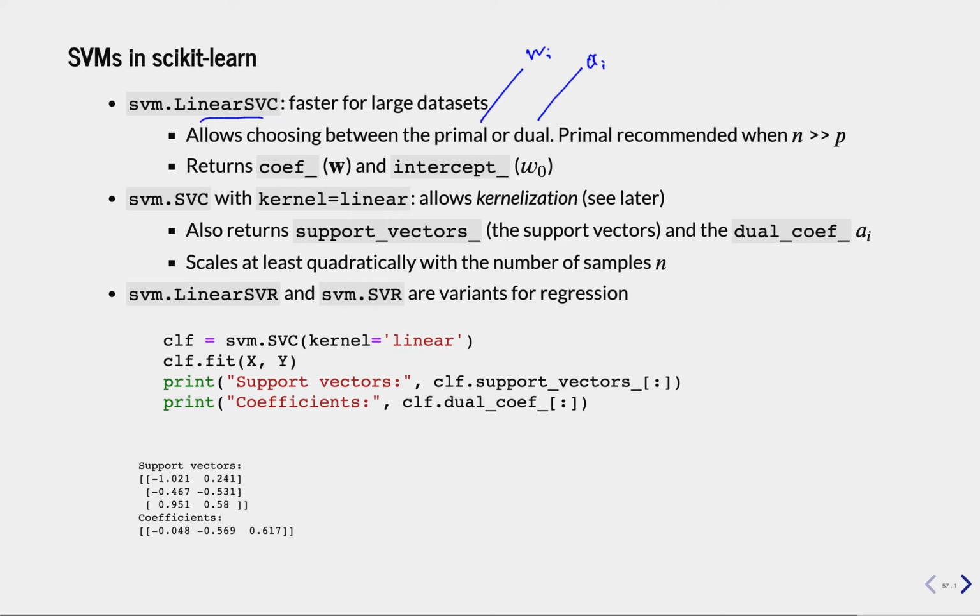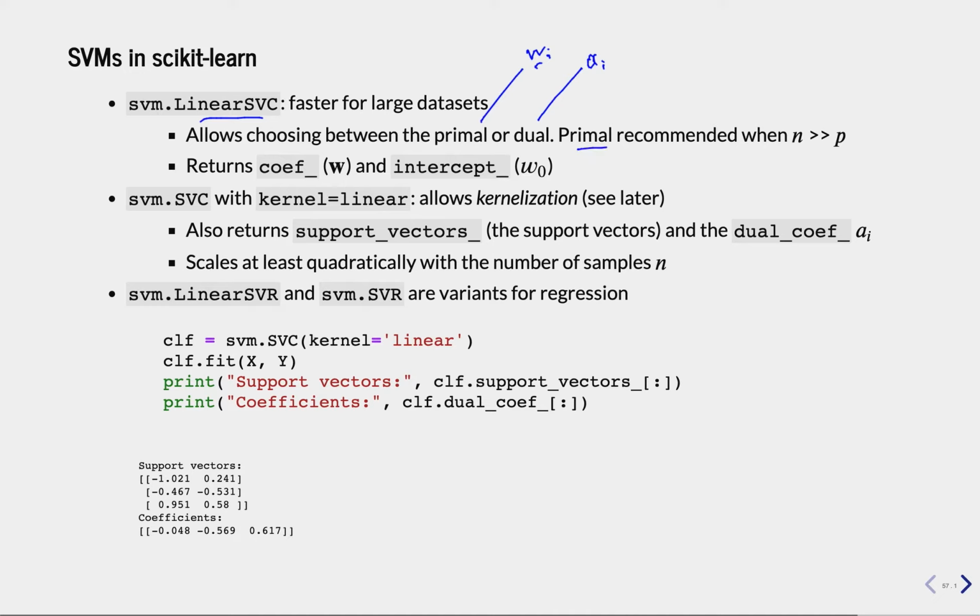So if you have a data set with a lot of data points and fewer features and there's fewer weights, the primal is interesting, right?